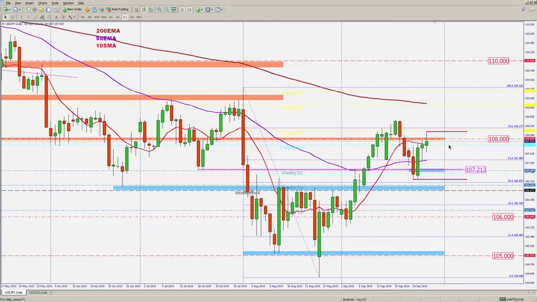Or just consolidate. We'll see what the new weekly pivot is next week within this range in the middle, centered around the daily 55 EMA.